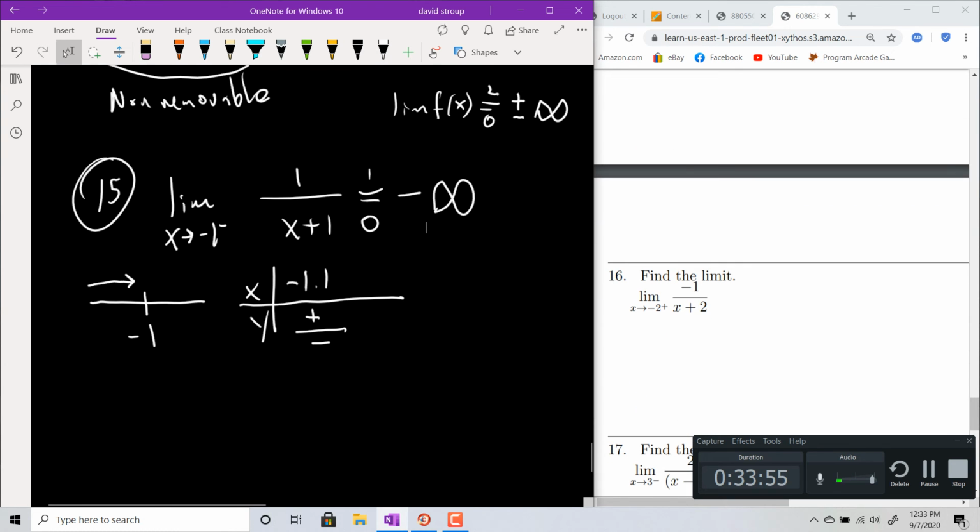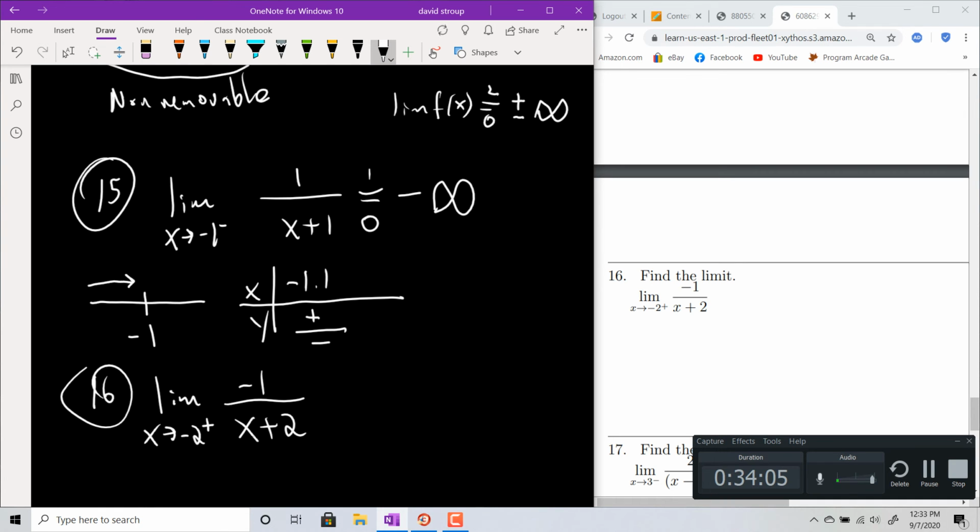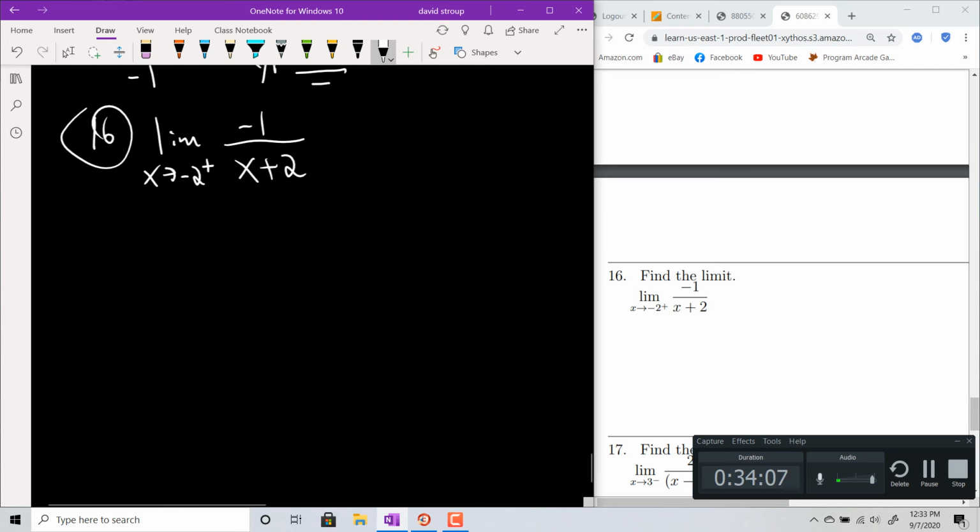Okay, let's do another. This time I have the limit as x goes to -2 from the right of -1 all over x plus 2. So again, substitute. This time it's -1 all over -2 plus 2, which is 0. So it's L over 0.